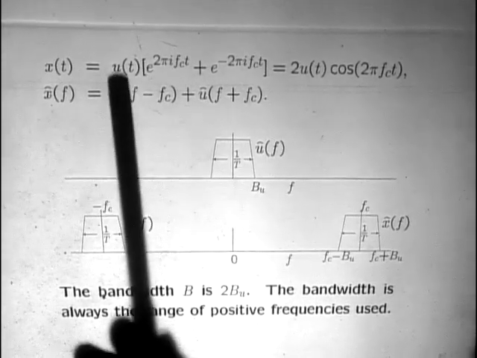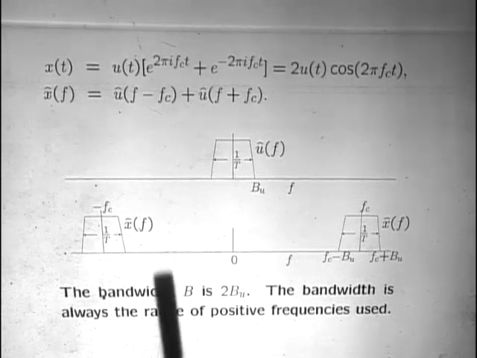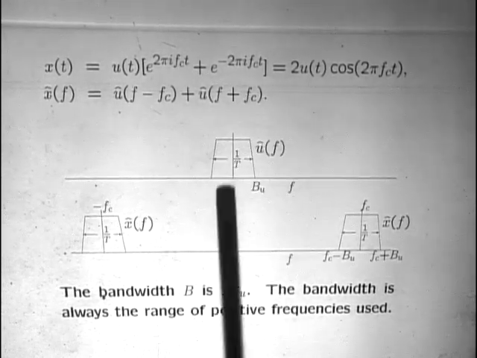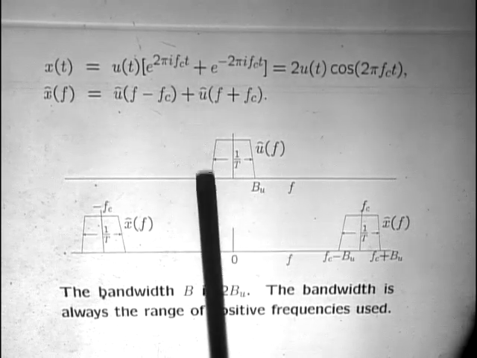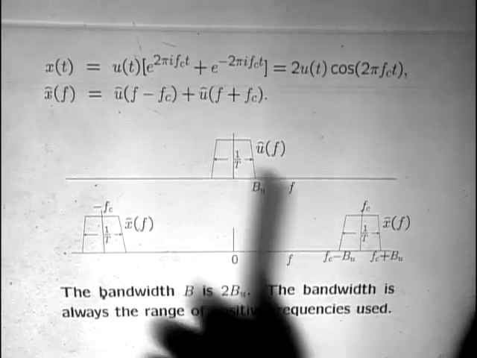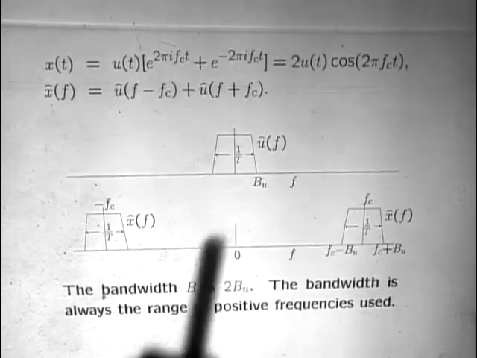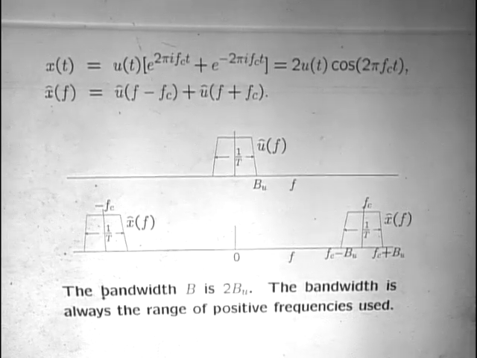The Fourier transform of u of t times this is u hat of f plus fc. And you start out with this waveform, whatever that shape is here. I tried to draw it to satisfy the Nyquist criterion, which it does. It satisfies that band-edge symmetry condition. Okay, so this gets shifted up. It also gets shifted down.